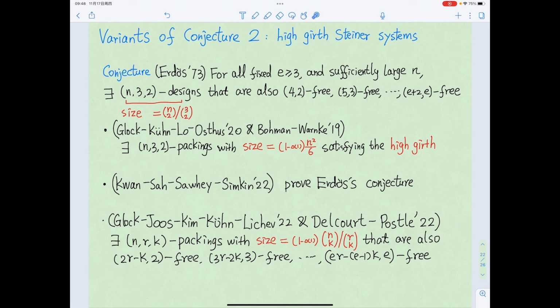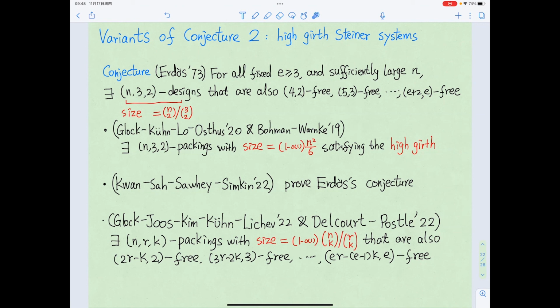in full generality. And there are also two groups of authors who consider the generalization of Erdős's problem from r equals 3, k equals 2 to every r and k.